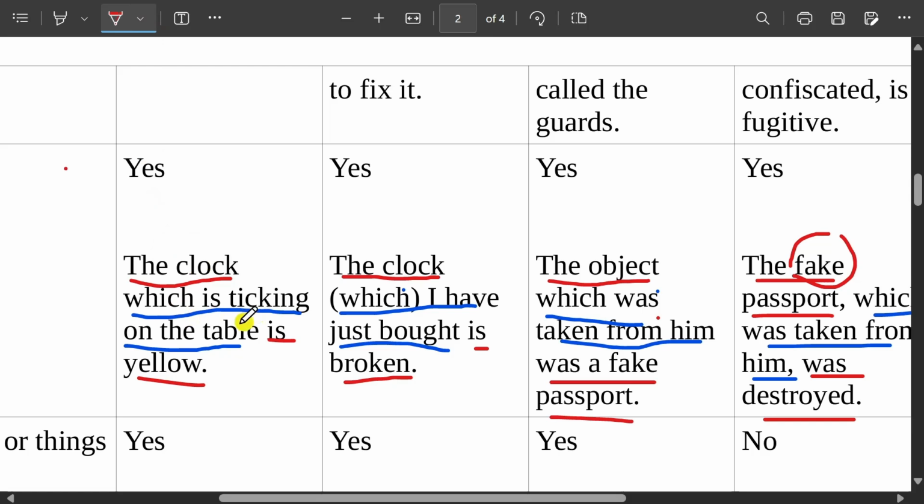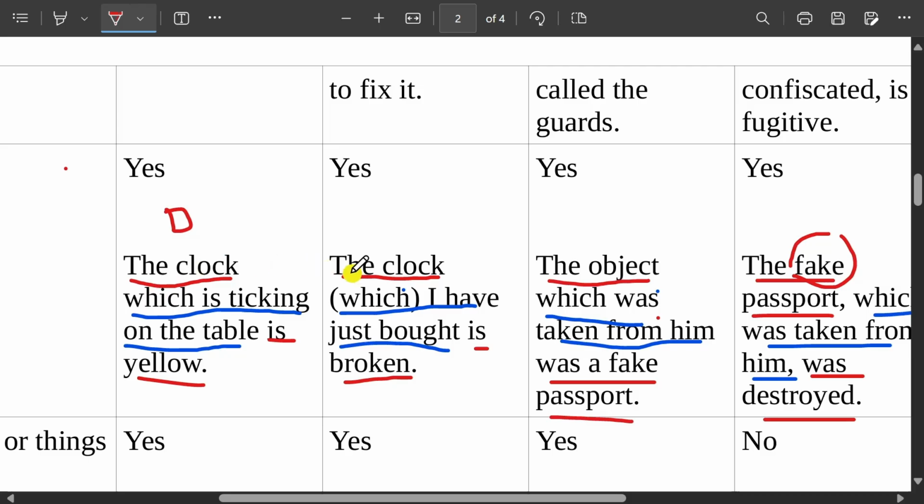This one: the clock which is ticking on the table is yellow. Is it defining or non-defining? Defining. And is which a subject or an object? Subject. Which is ticking, yes. Which is the subject. You cannot remove this which. You have to say which.